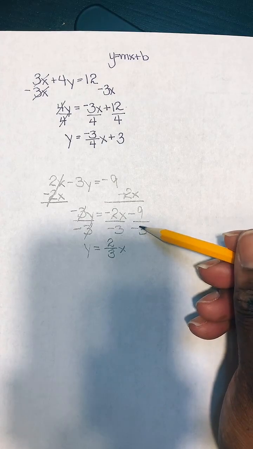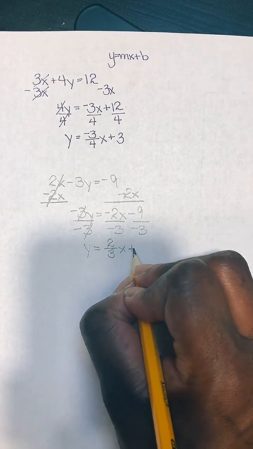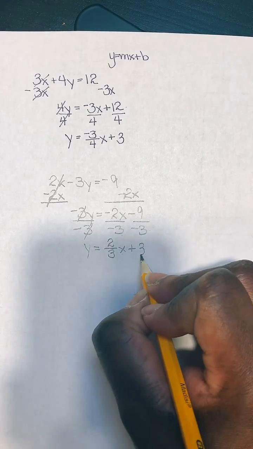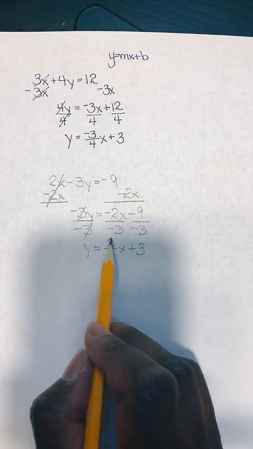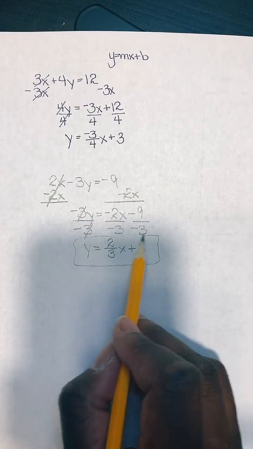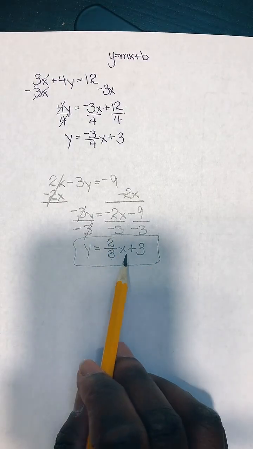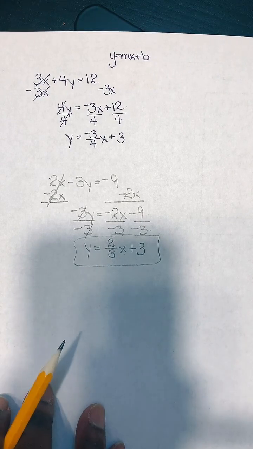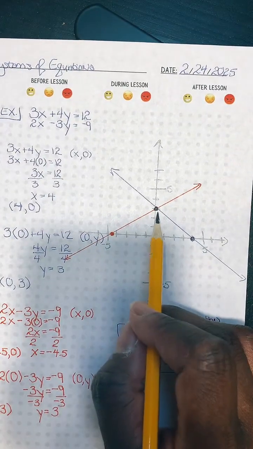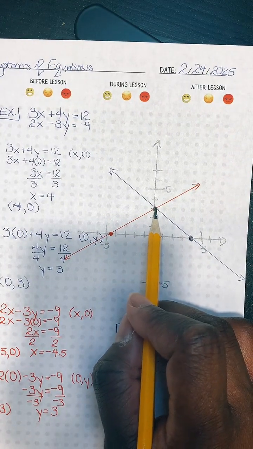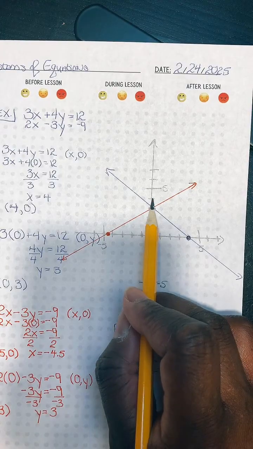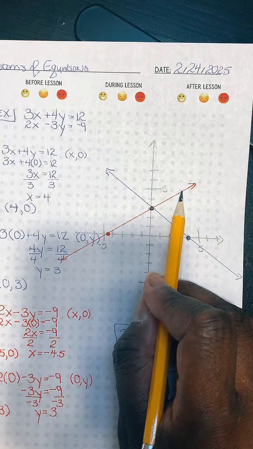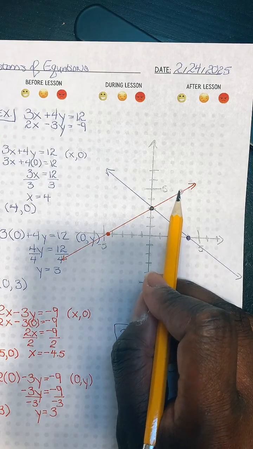A negative divided by a negative gives me a positive. And 9 divided by 3 gives me 3. So the equation of the other line is 2/3 x plus 3. Let's take a look. Here we are at plus 3. 2/3, that means I'm going up 2 and over 1, 2, 3. Right there.